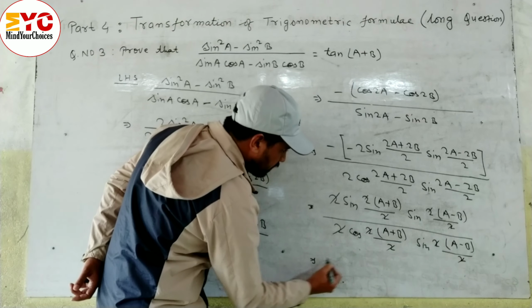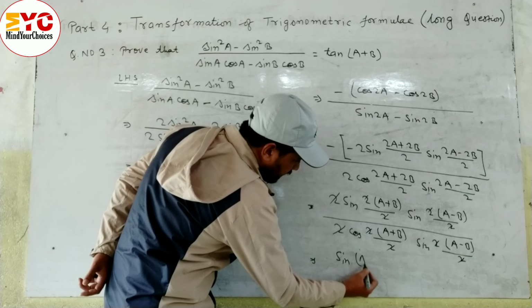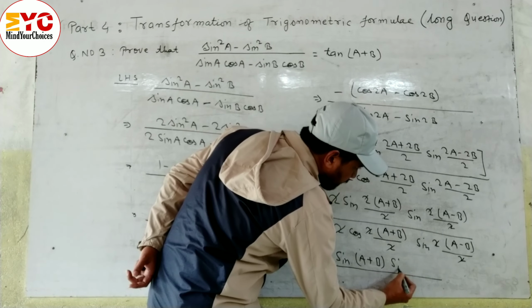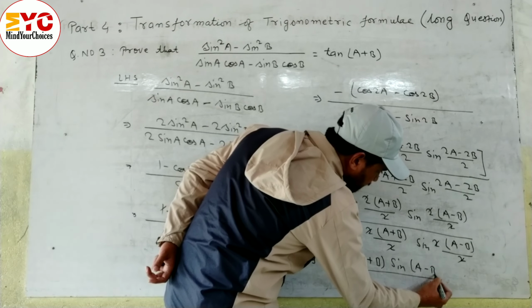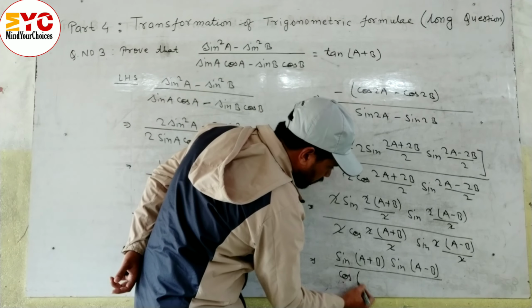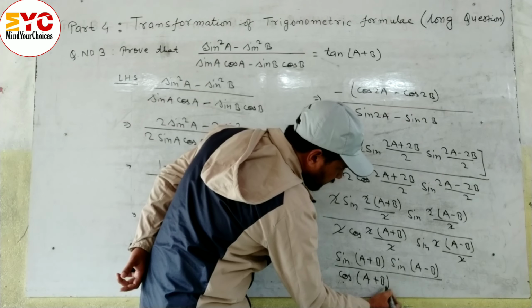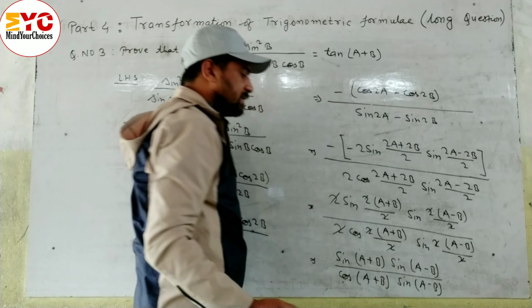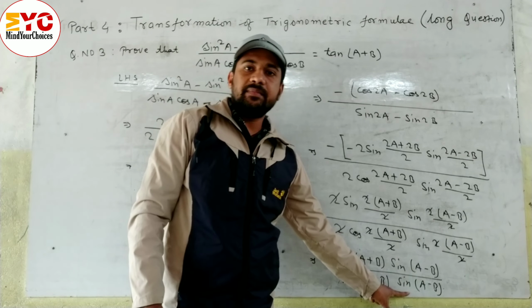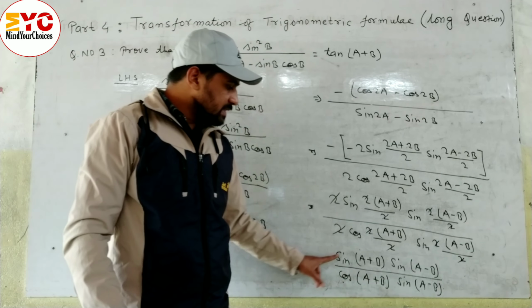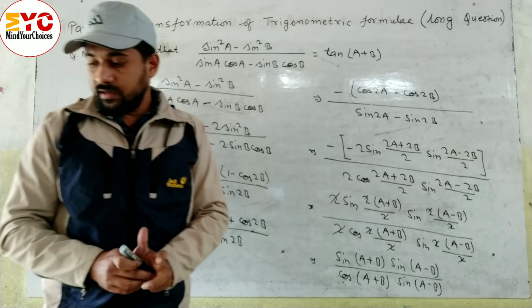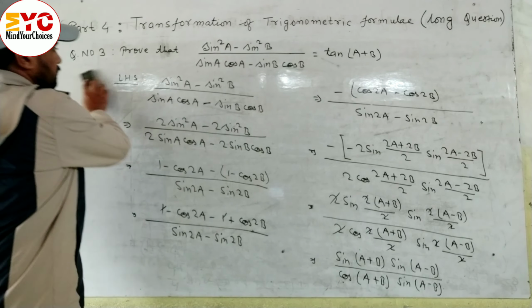So what is remaining here is sin(a + b) sin(a − b) by cos(a + b) sin(a − b). Now you can see sin(a − b) and sin(a − b) cancel, so the remaining is sin(a + b) by cos(a + b), which is equal to tan(a + b).